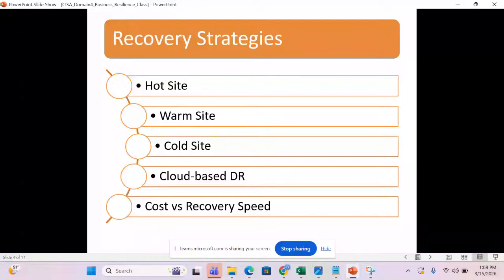So if you want to use a cloud as your off-site, on-site, or cold site, what you need to do first is ensure that the cloud service you are using aligns with your RPO and RTO. So if your RPO and RTO is 0, minimum downtime, minimum loss is 0.